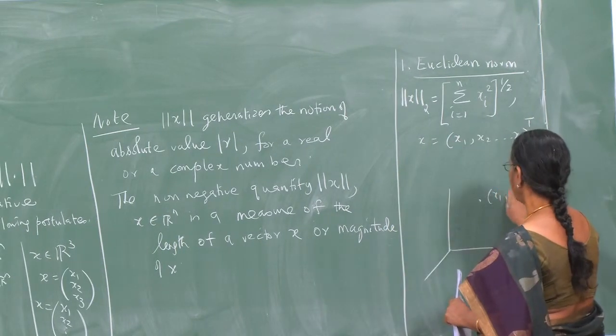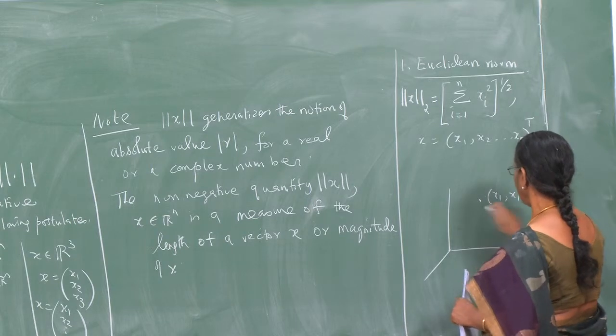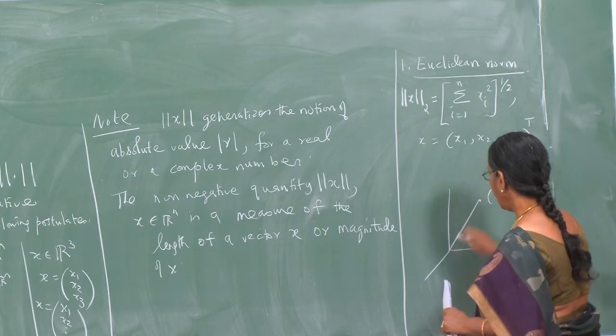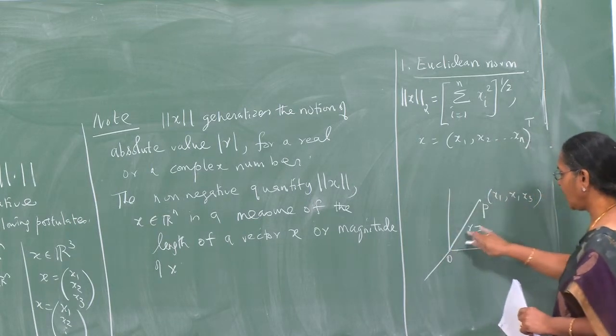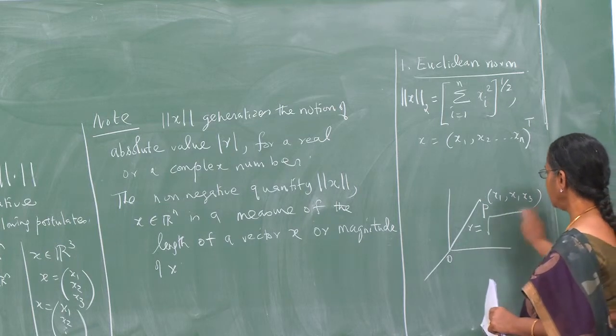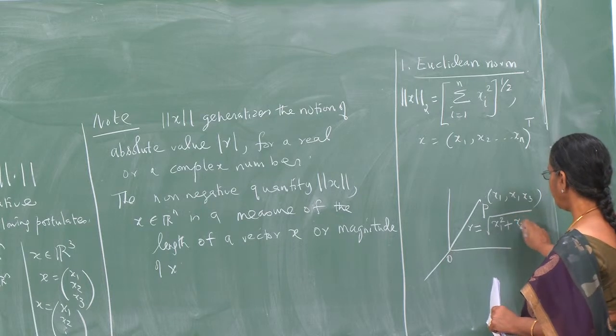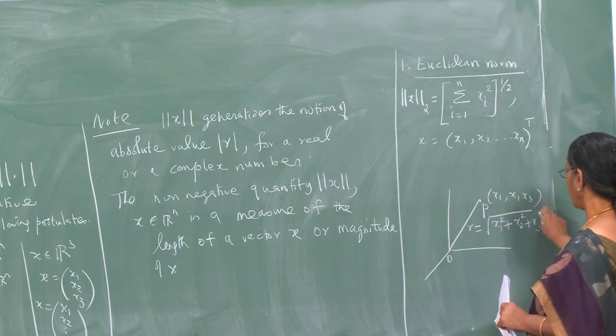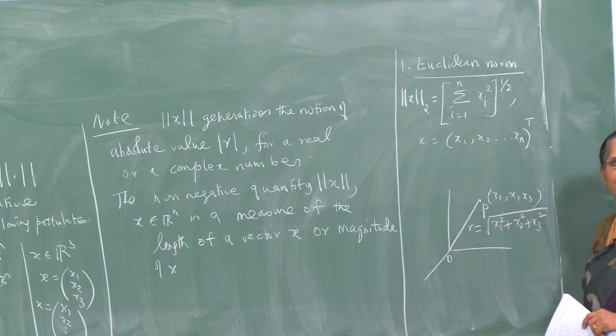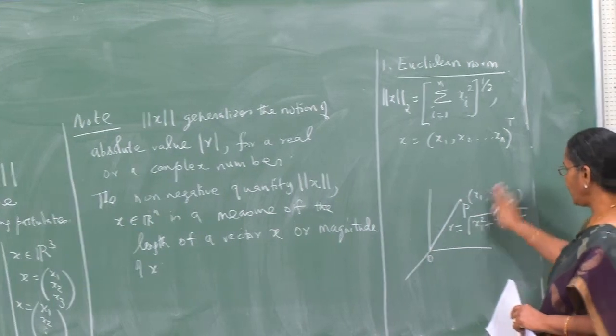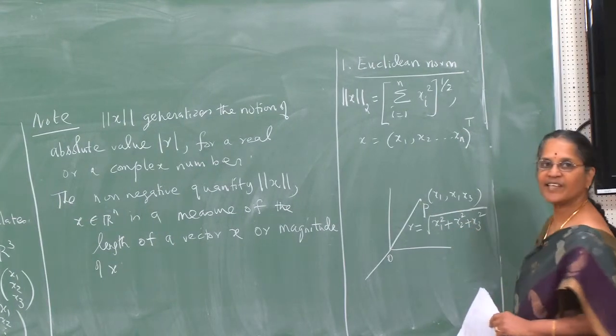I take a point having components x1, x2, x3 and then measure this length, which I call r. Then it is nothing but the square root of (x1 minus 0) whole square plus (x2 minus 0) whole square plus (x3 minus 0) whole square, namely root of x1 square plus x2 square plus x3 square.